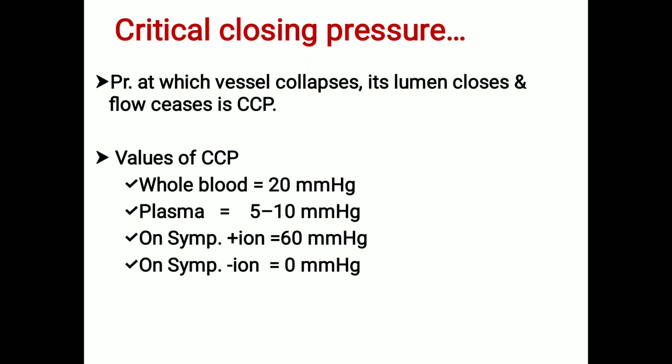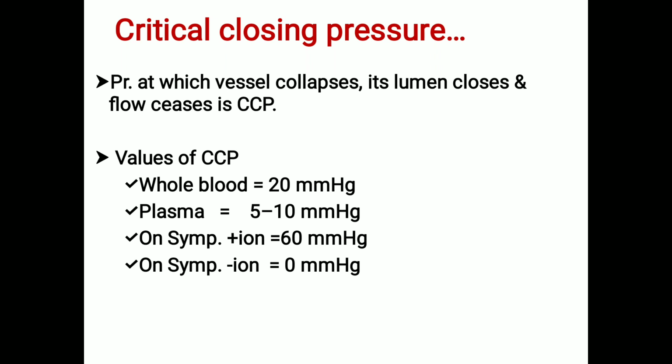We had looked into the organization of systemic circulation and pulmonary circulation, and the various pressure changes in the vascular system, starting from the cardiac output: left ventricular pressure, left atrial pressure, aorta pressure, which is 120 by 70 millimeters of mercury.